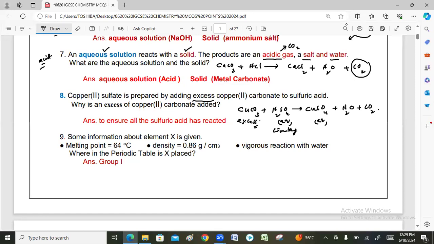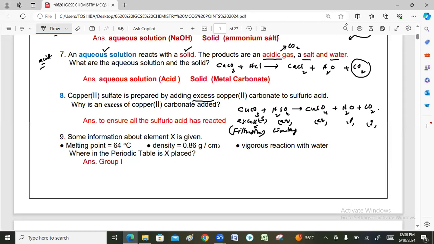So you may get some contamination of sulfuric acid in copper 2 sulfate. So to use all the sulfuric acid, copper 2 carbonate is used in excess, because this is solid, so that can be removed through filtration. If we filter, we can get the excess amount of copper 2 carbonate, because the rest of the reagents are aqueous, liquid or gas.